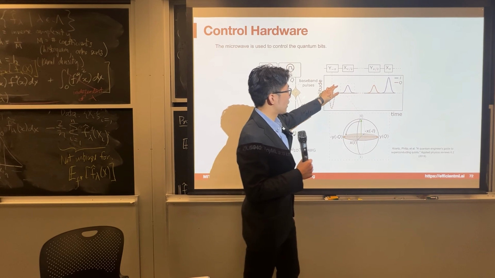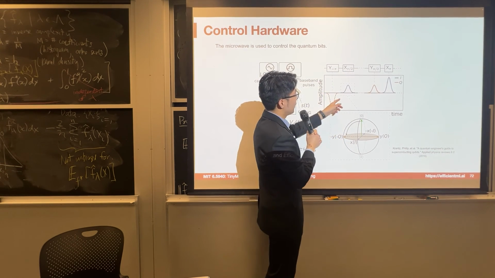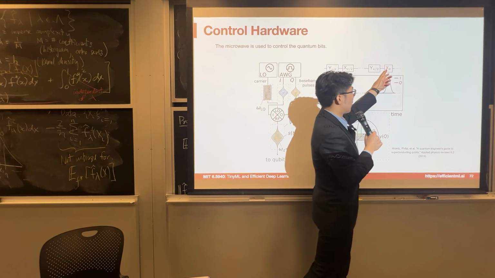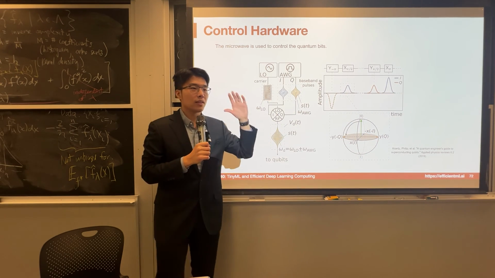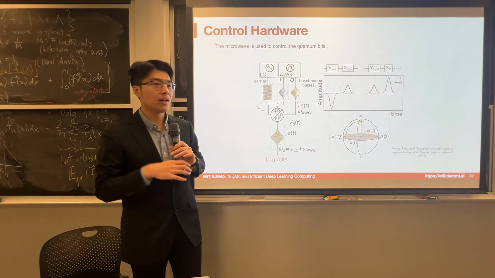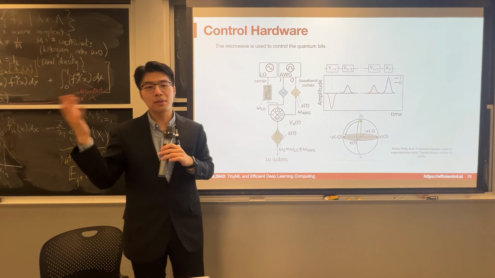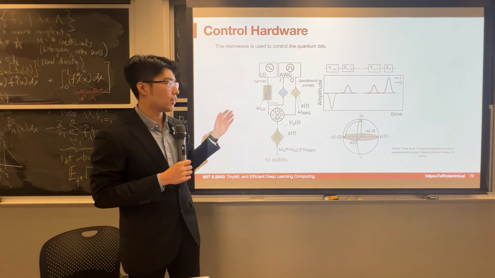So for the rotation of pi over 2, we can see that the area under the curve is smaller, and for the rotation of pi, the area under the curve is larger. So the degree of the rotation angle is actually determined by the area under the curve for this specific superconducting device. For some others, like trapped ion or neutral atom, they have different control signals.